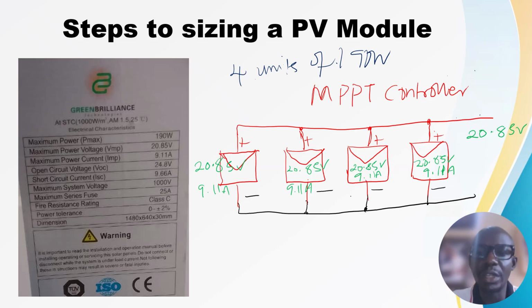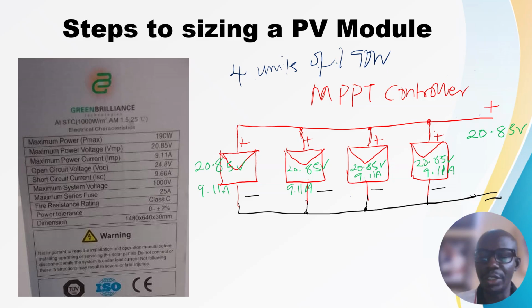So now if you connect in parallel, the voltage still remains the same, 20.85 volts. But you are adding the current. Are you getting it? The current will be added. Let me reach out to my calculator.